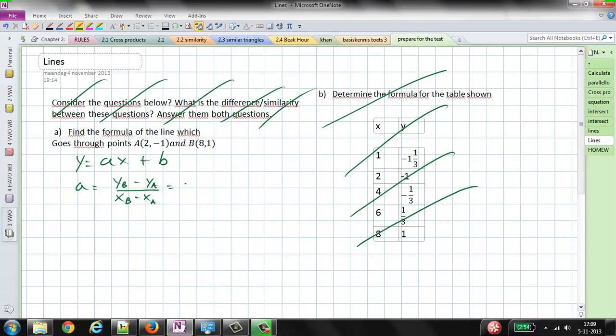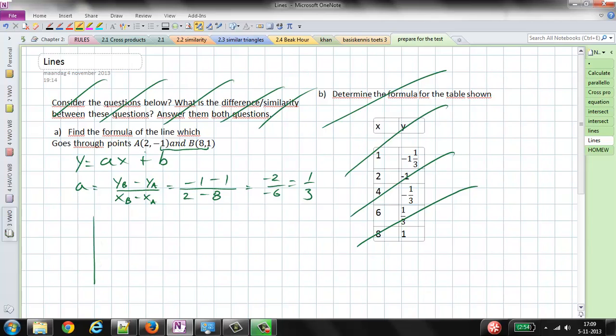So that could be then minus 1 minus 1, the difference between this y value and that y value. Then the difference in x is 2 minus 8. And that's going to be minus 2 over minus 6, which is equal to 1/3. Yeah. Or if you find that confusing, just plot the points.